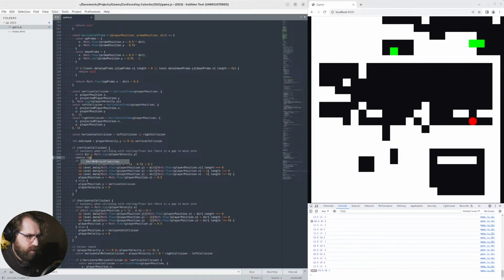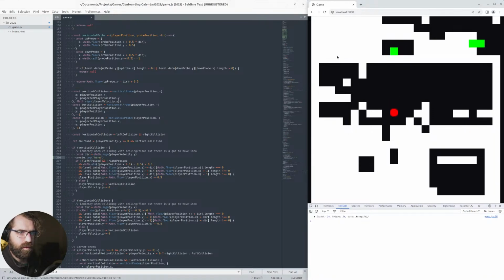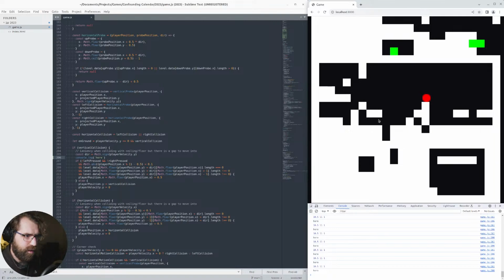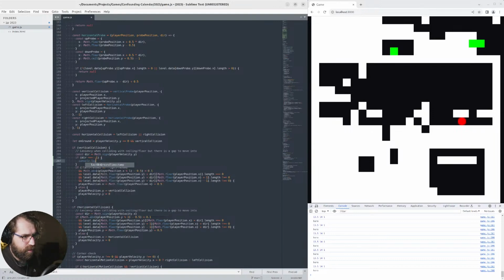Console log here. Oh, oops. Oh, we're getting here a lot. Oh yeah, because there are vertical collisions. If dir equals -1, console log here.